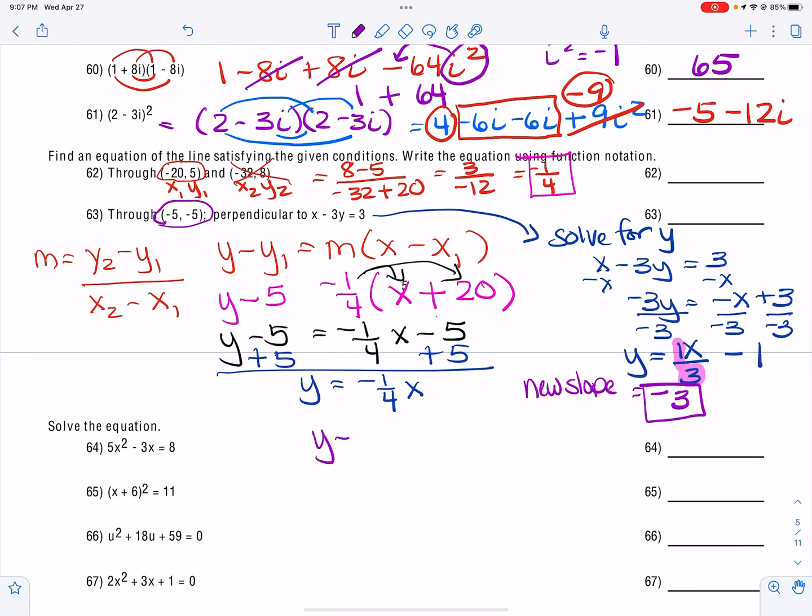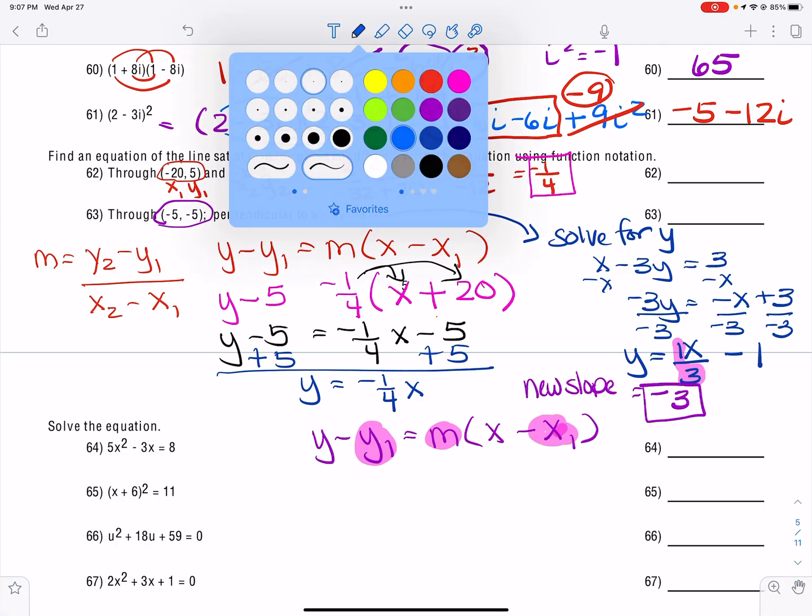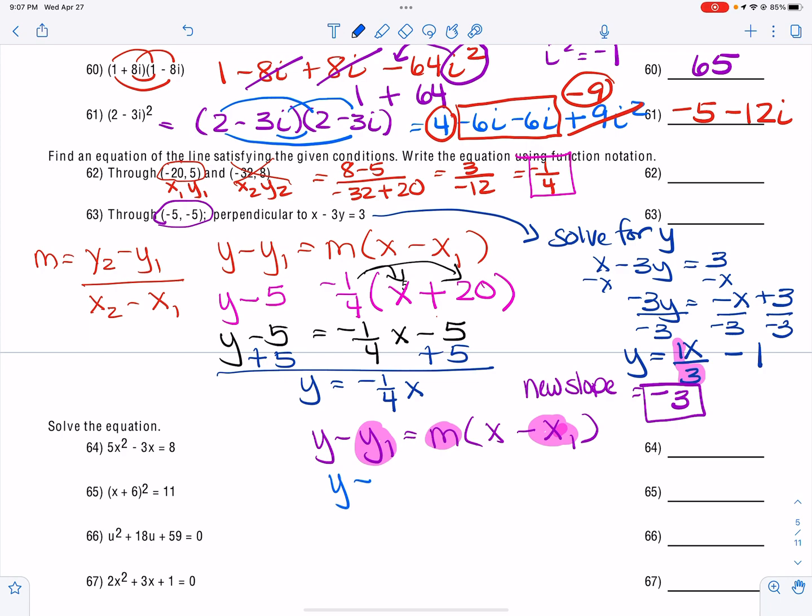So y minus y sub 1 is equal to m parentheses x minus x sub 1. And I'm going to replace these values from the point and the slope that I found. So y minus a negative 5 becomes plus. The slope of negative 3, parentheses, x minus a negative 5, which also becomes plus.